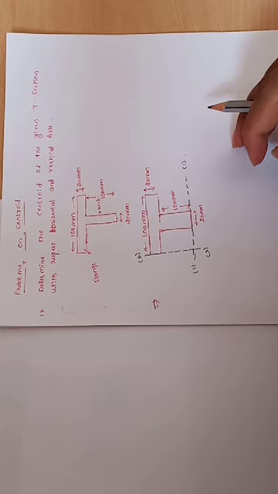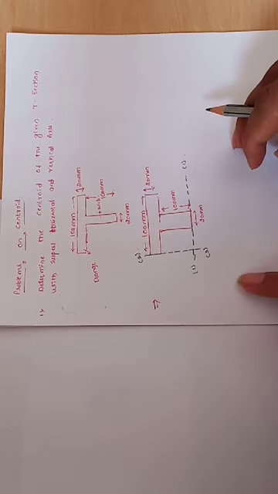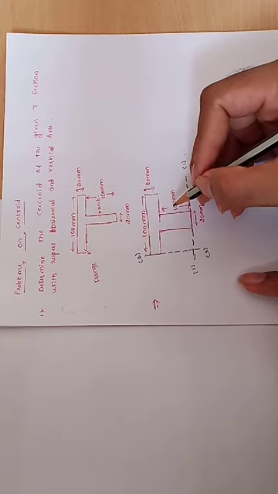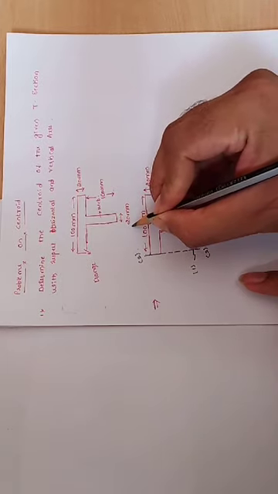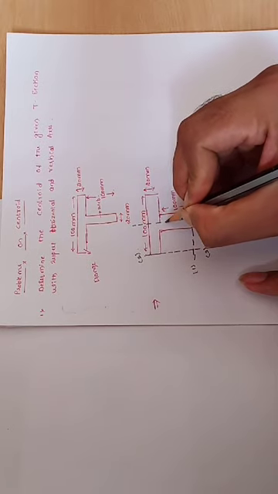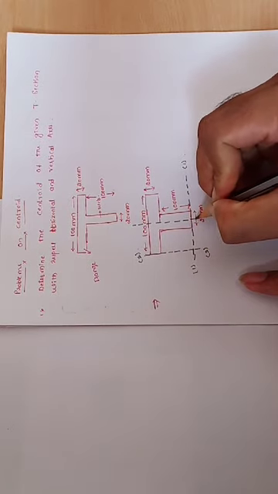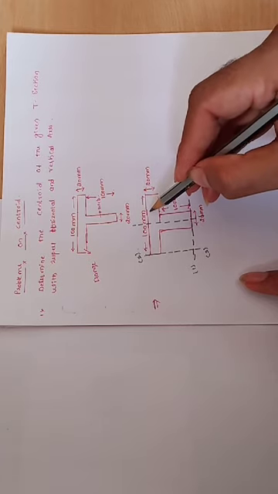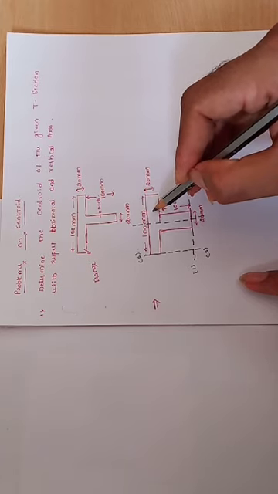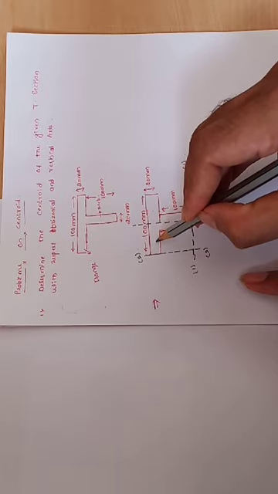And one more thing I need to check is whether there is any symmetrical axis present. With reference to the vertical axis, if I draw the symmetrical axis here, I will get the exact replica: this right-hand side should coincide with the left-hand side.